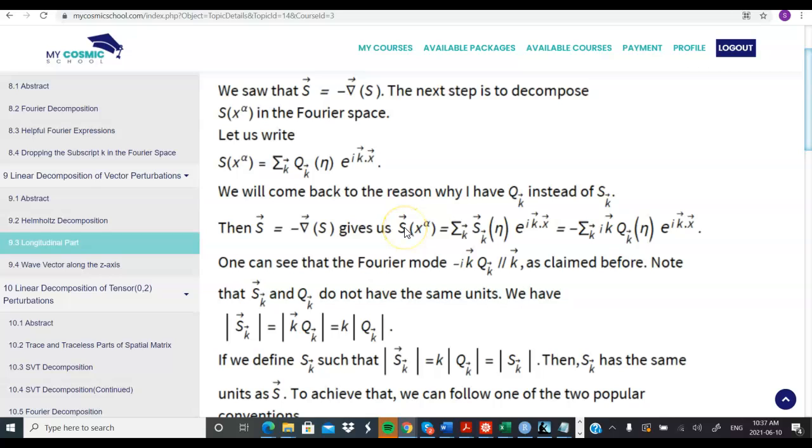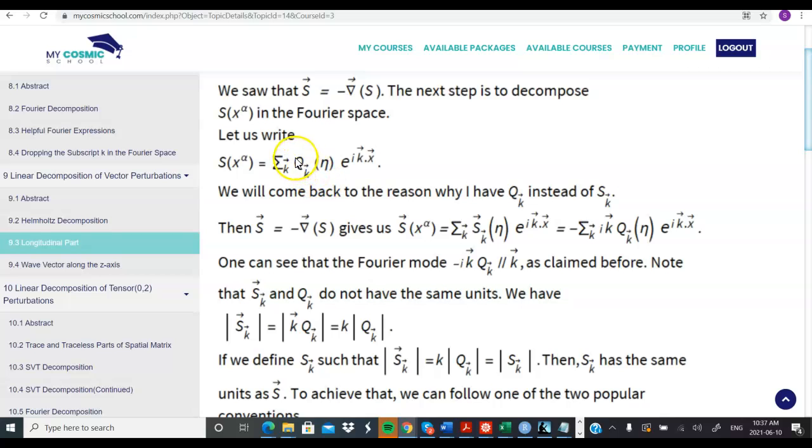So when I'm doing the Fourier expansion of s, I'm writing sk, and then I use the negative gradient of s. When I apply the negative gradient of s, I come up with this thing. So I get this. So now you see sk is equal to minus ikqk, right?